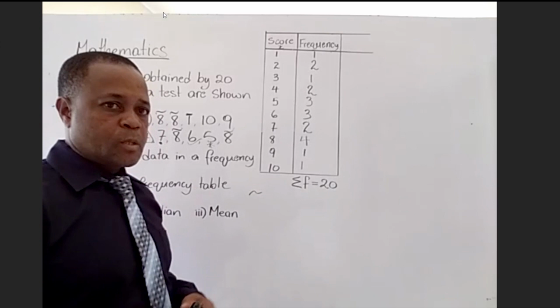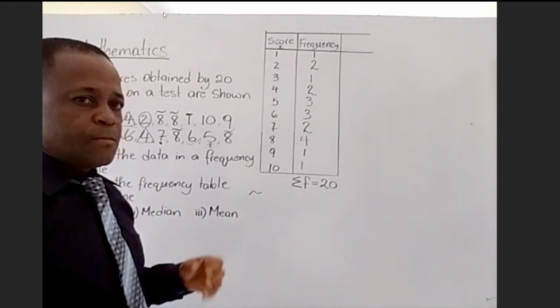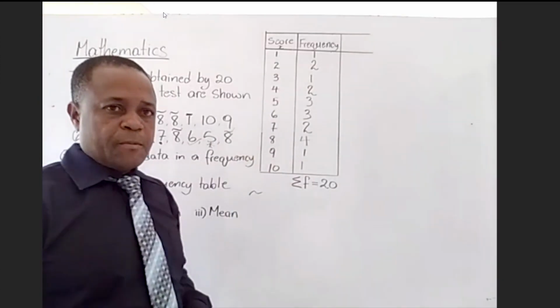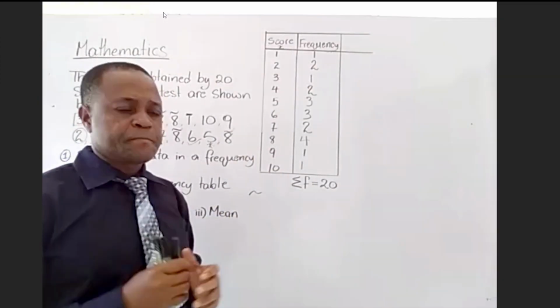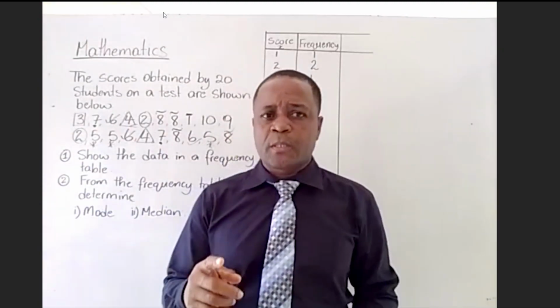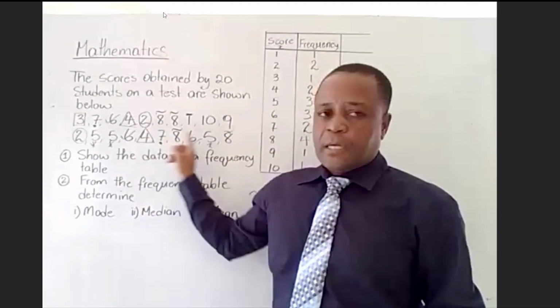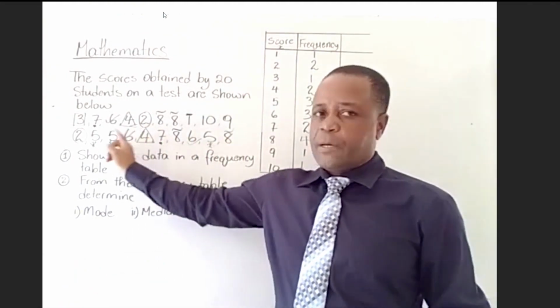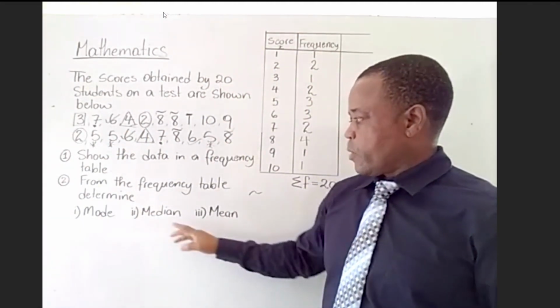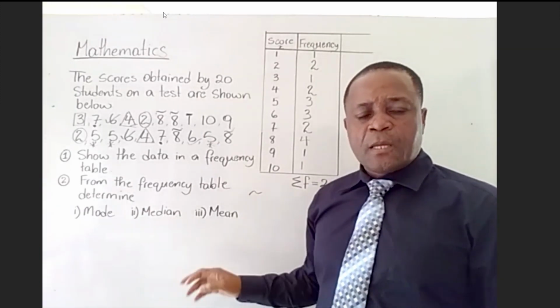Now we're ready to calculate the mode, the median, and the mean from the frequency table. However, what we'll be doing in this lesson is that we're going to use the raw data to help us as it relates to the calculation with the median and the mean.